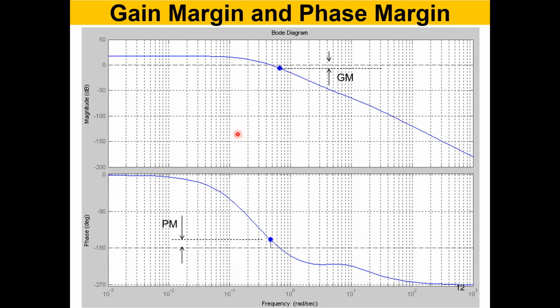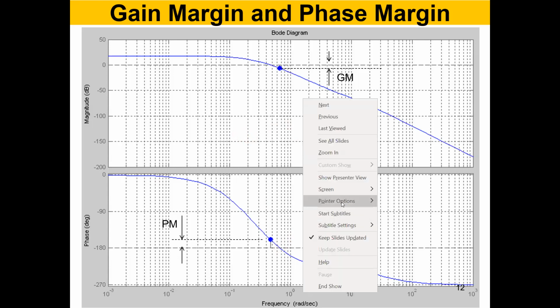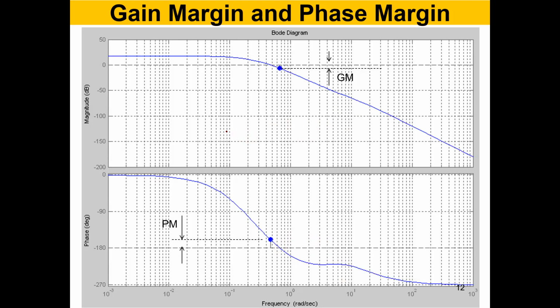So what is 180 degrees? Again, I can draw it like this. This is the input. 180 degrees is somewhere here, this point. So the output is actually like this.